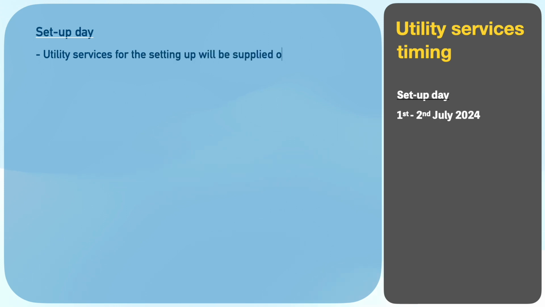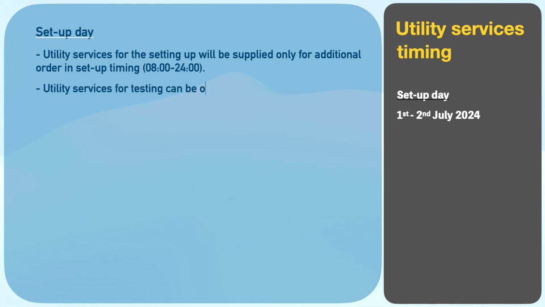Next is about the time for turning on and off the system. On July the 1st and 2nd, which are the construction days, exhibitors who order the electrical system for construction will be able to use the system according to the time they move in the construction area. On these construction days, the service for exhibition days will not be available.